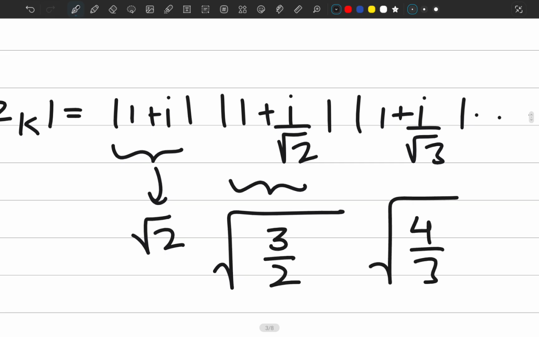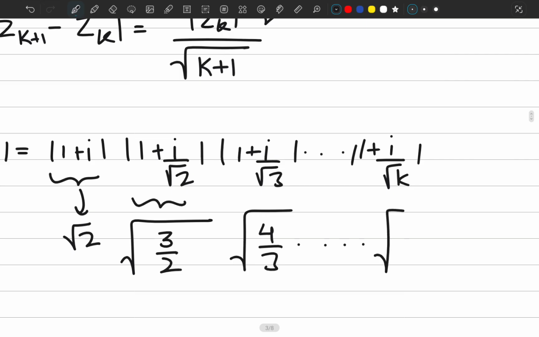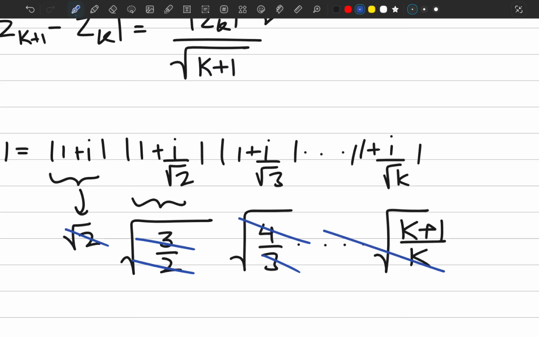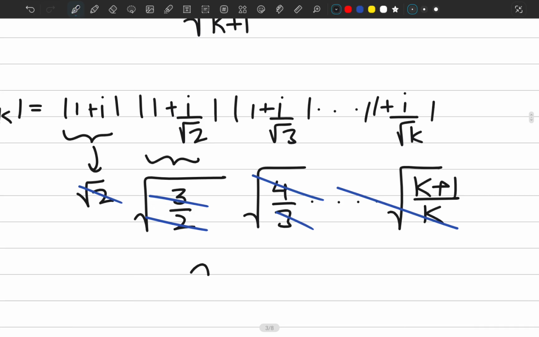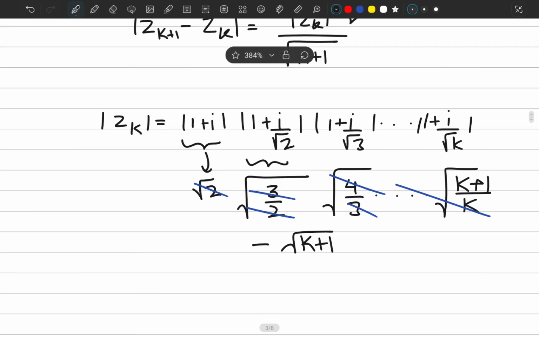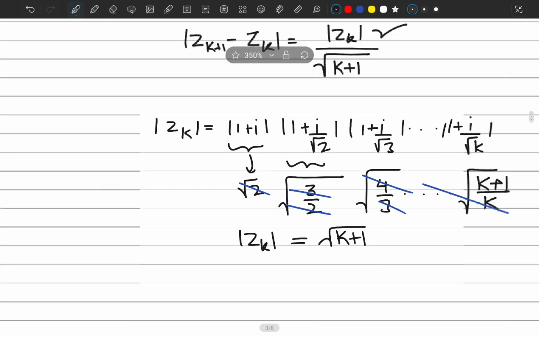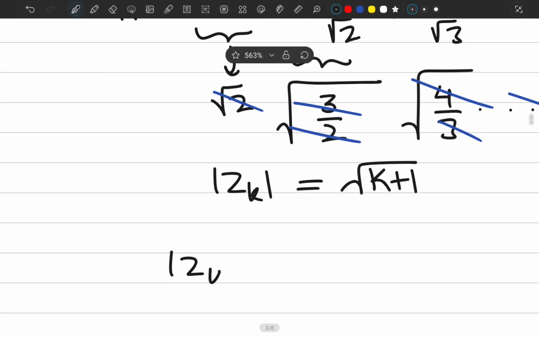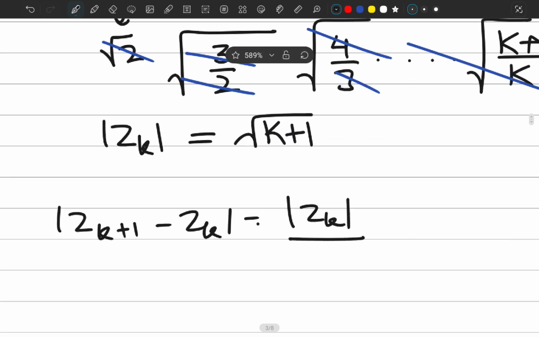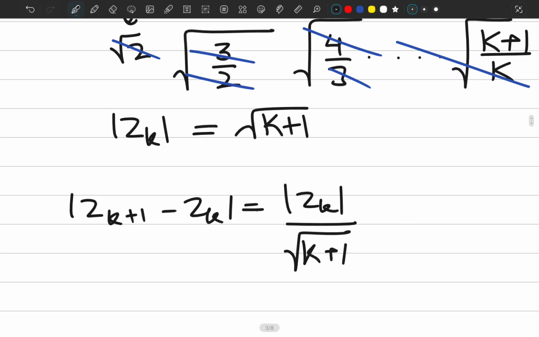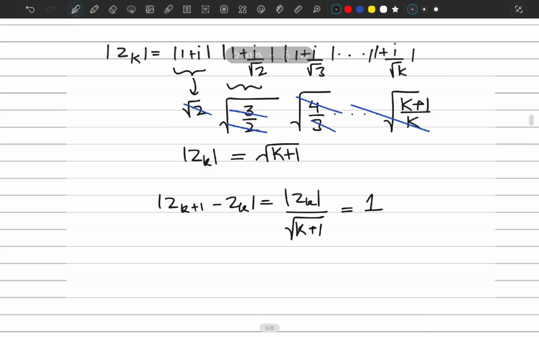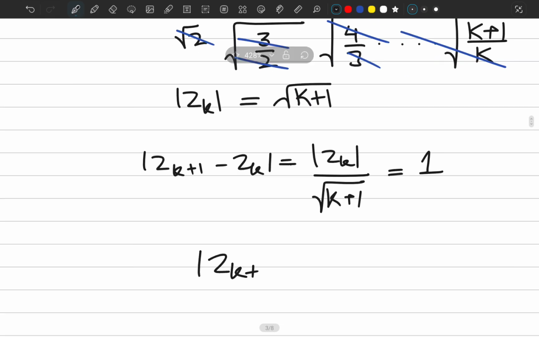This will be root 4 by 3, and this will be root (k plus 1) by k, right? So now these terms cancel out till k and k minus 1, and mod zk is root (k plus 1). So when we substitute its value in our original equation, we get 1, right? So z(k+1) minus zk is equal to 1.